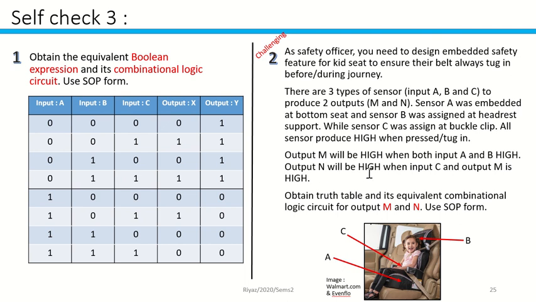And output N will be high when input C and output M are high. You need to obtain the truth table and its equivalent combinational logic circuit for M and N. Please use the SOP form.